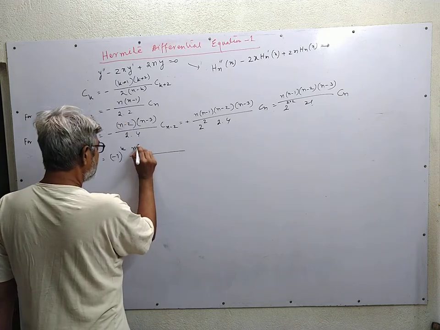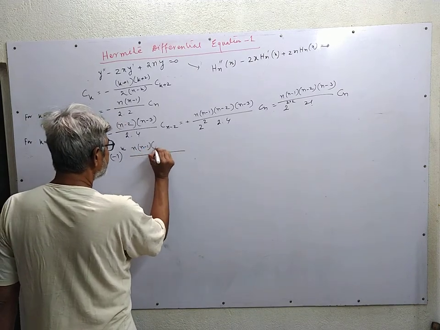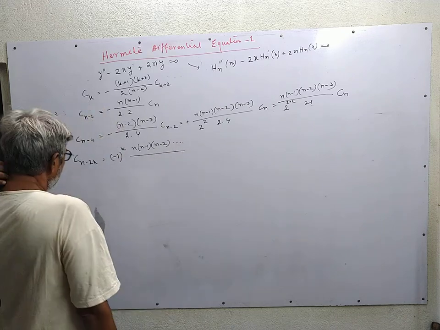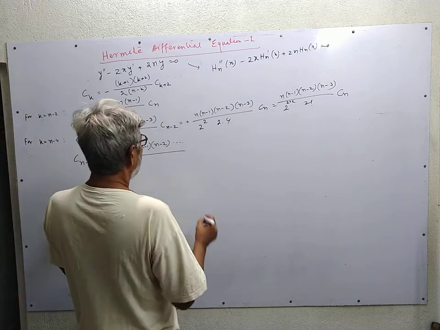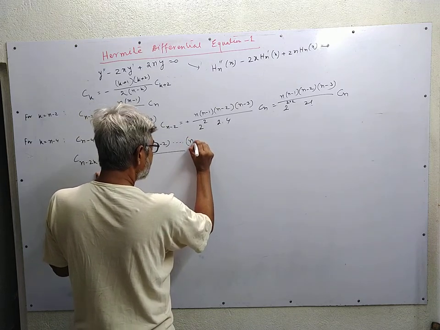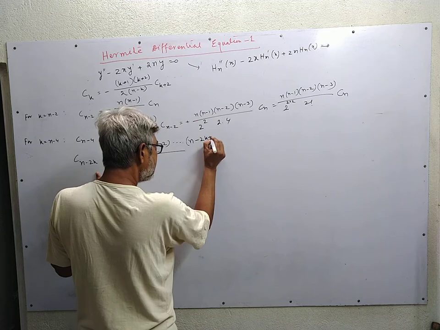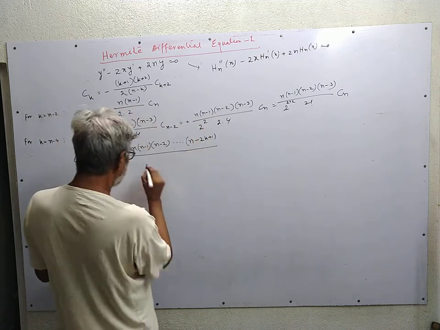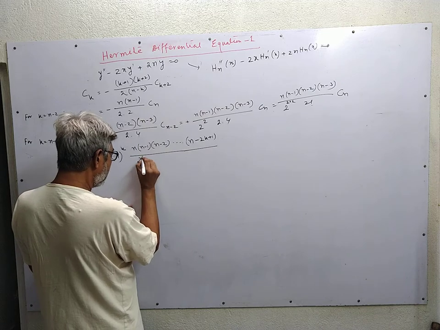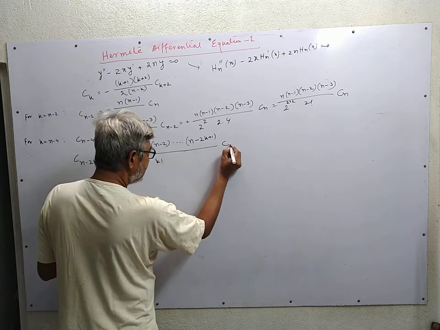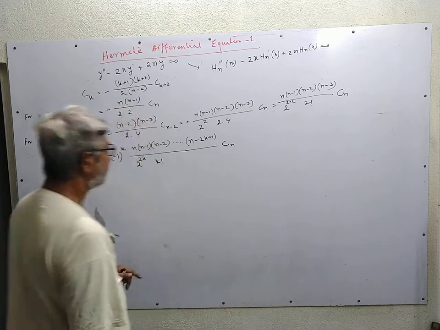In the numerator we have n into n minus 1, n minus 2, and in the denominator this term will be 2 to the power 2k times k factorial Cn.